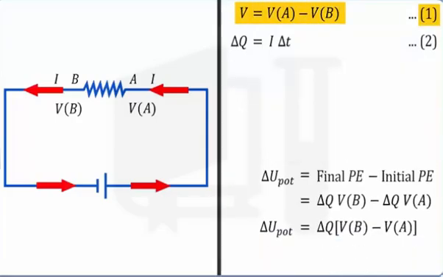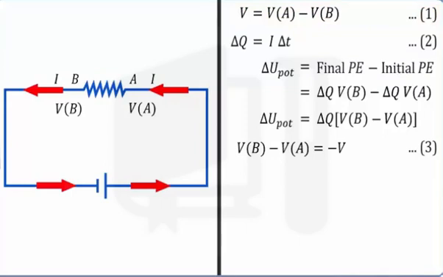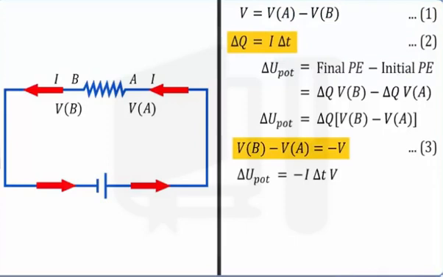Therefore, VB − VA = −V. Let this be equation 3. From equations 2 and 3, delta U potential = −I delta t V. Let this be equation 4. Since the value of delta U potential is negative, it is less than 0.